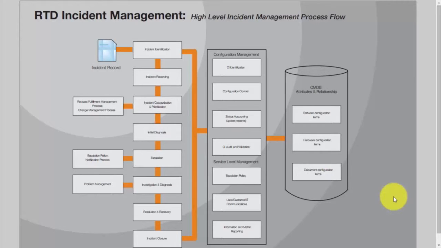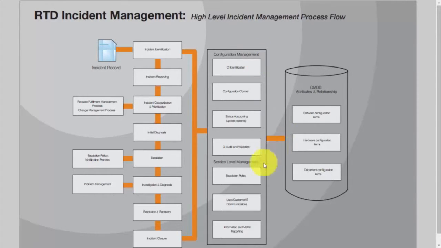We see that incident management is most certainly related to configuration management. Configuration management is pretty critical in that incident management relies on configuration management in order to ensure the timely update of current inventory, as well as information regarding configuration items upon which incidents may have been raised.